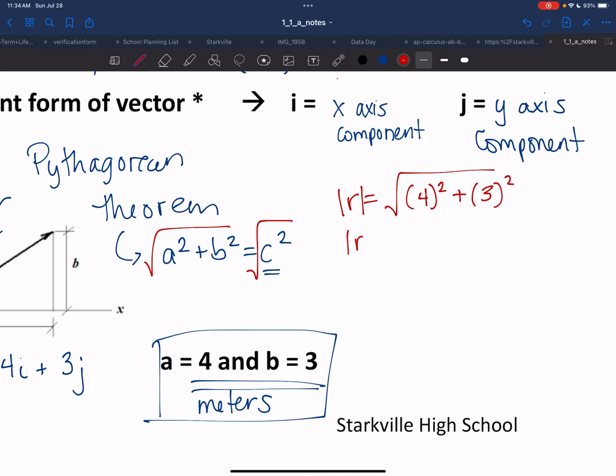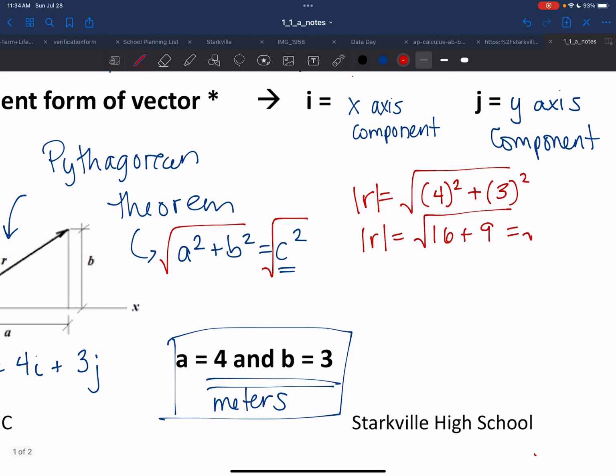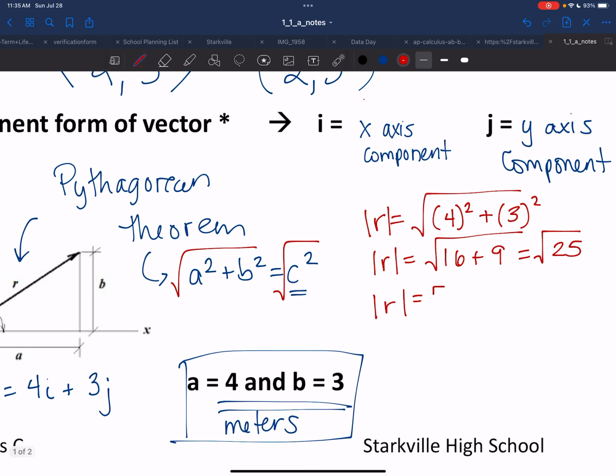So my r is equal to the square root of 16 plus 9, which is the square root of 25. So my vector quantity is 5. And again, we said it was meters. Now, hopefully you recognized that I had a 3, 4, 5 triangle.